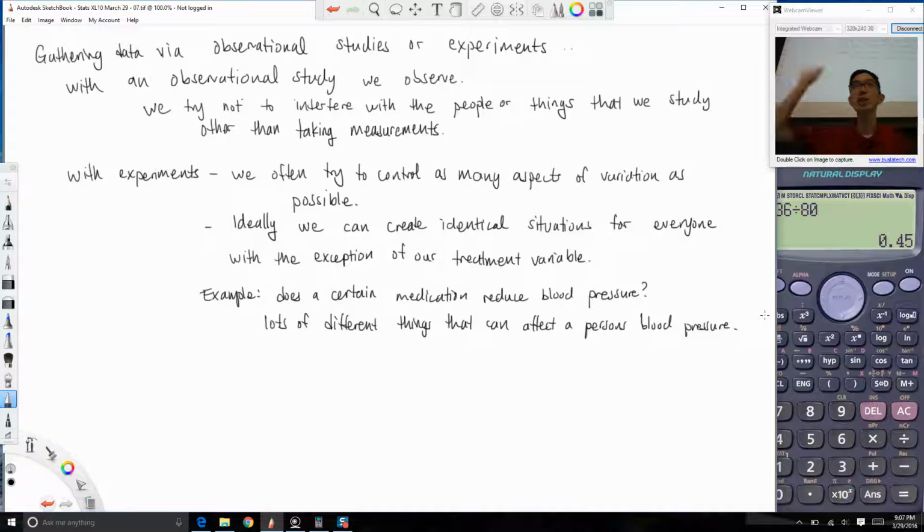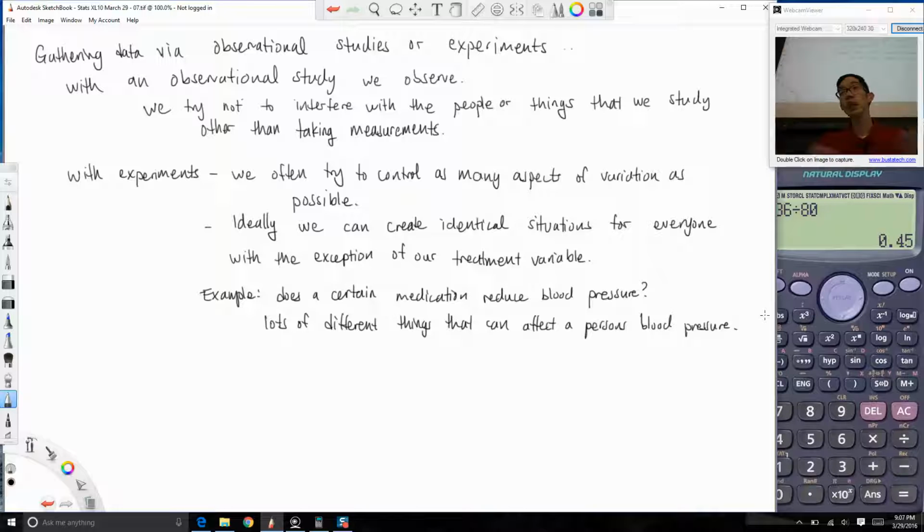If at the end you find a difference between the medication and the placebo, you don't know if it's because of the medication or because this group was men and this group was women.